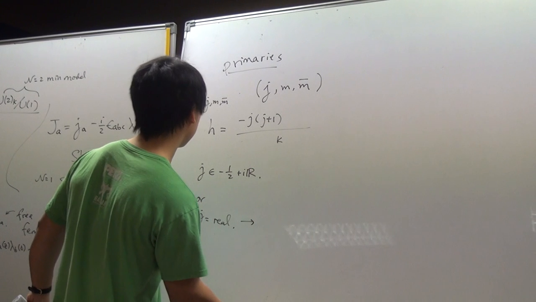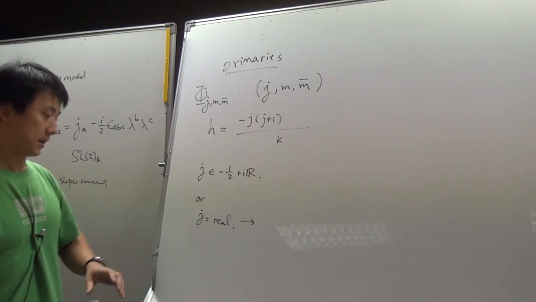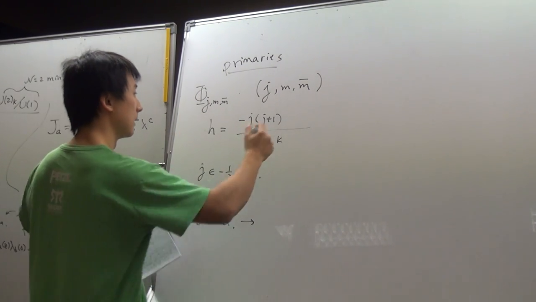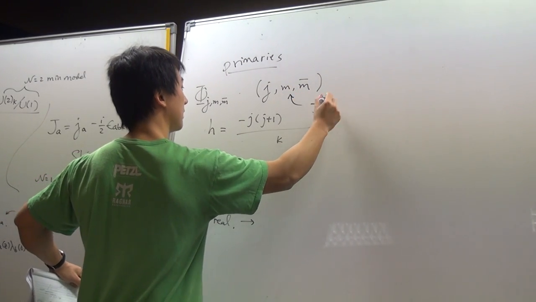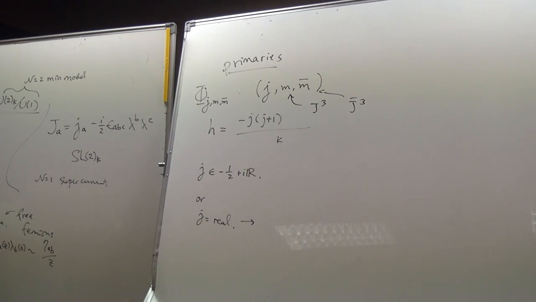There's no m squared here for the SL2 primary. That was an error. The shift by m squared over k came after doing the coset construction. Before the coset, it just depends on the Casimir. And this m and m bar are the spin with respect to the J^3 component, J^3 on the left and J̄^3 on the right, the third component of the SL2 current algebra.